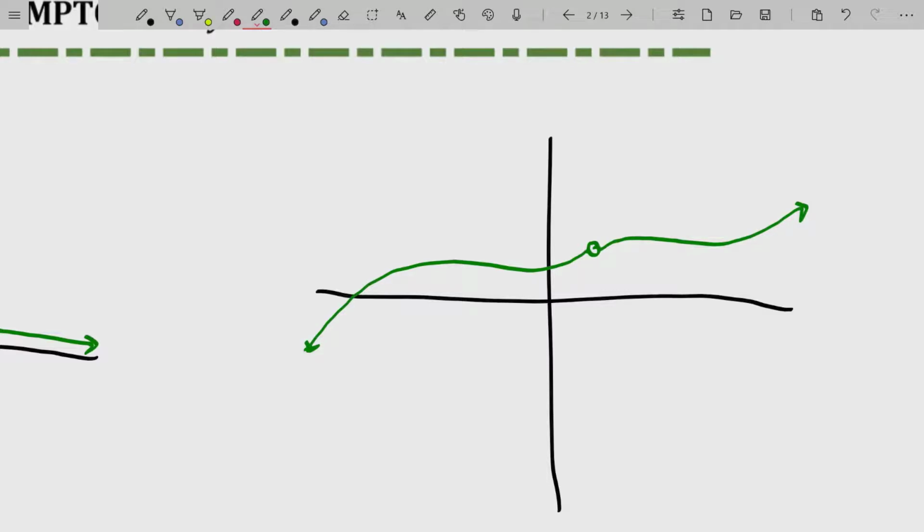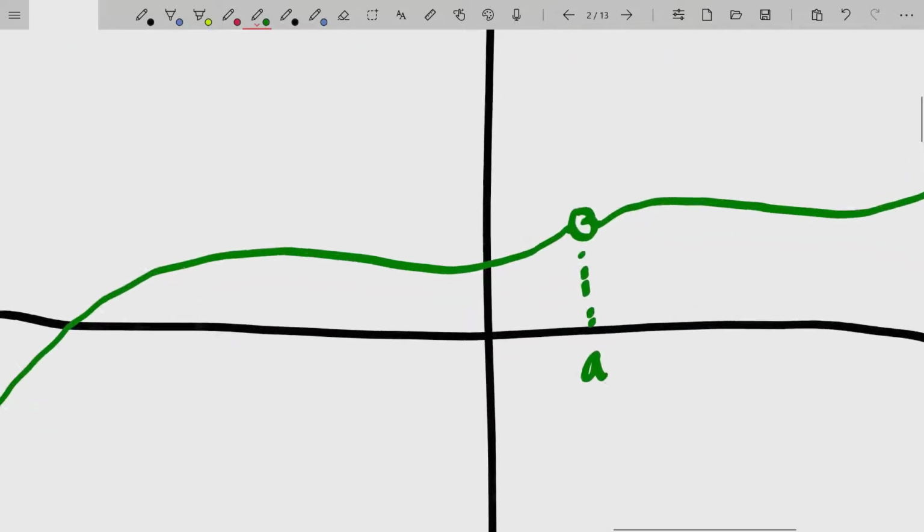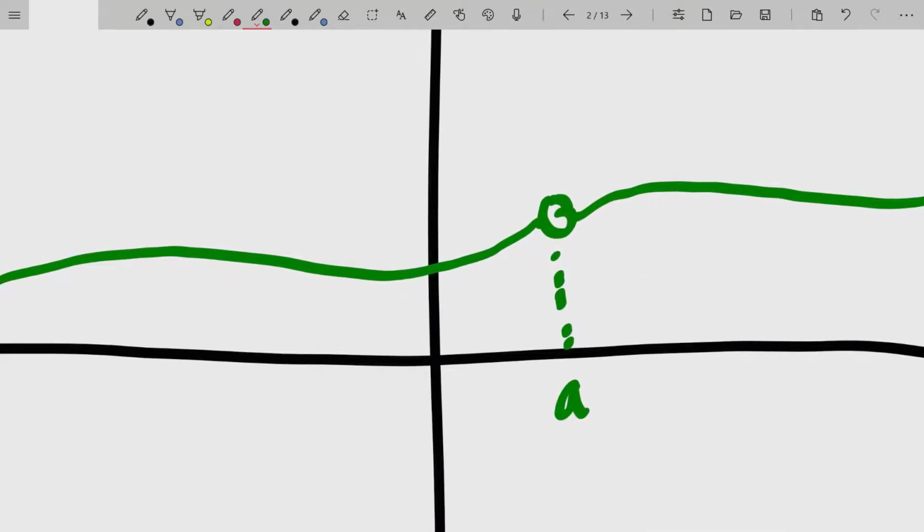The full definition of a vertical asymptote is that the function, what that green curve is there, its y values have to run to positive or negative infinity as x gets close to a finite number a. If this is some finite number a, x equals a, notice that the function does not rush off to infinity on either side of x equals a. So therefore, x equals a is just a hole in the graph. It's not a vertical asymptote.